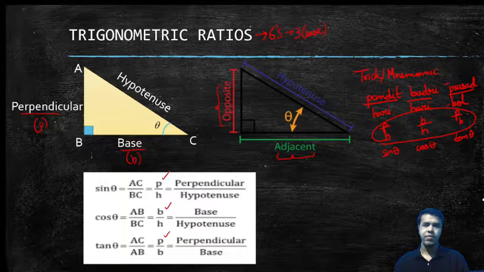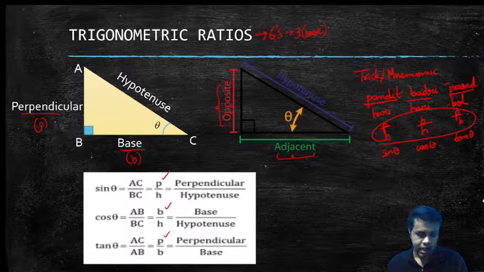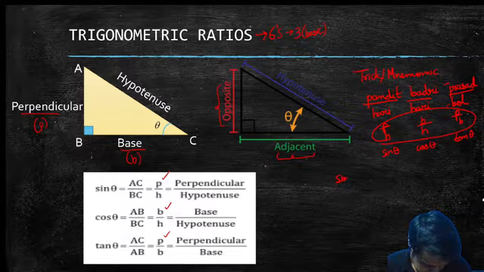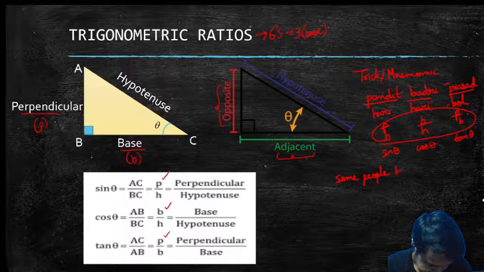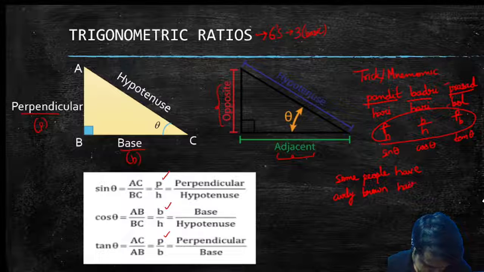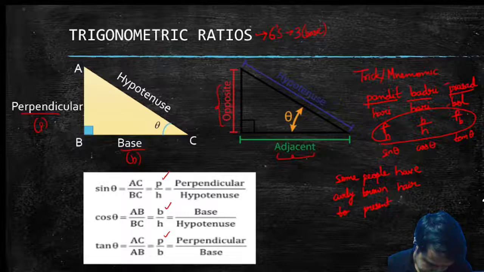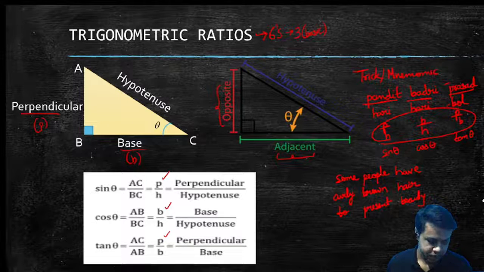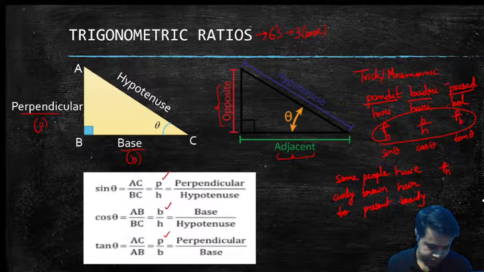And if you are not familiar with Hindi, then you can use the English mnemonic, which goes like this: Some people have curly brown hair to produce beauty. We arrive at the same formulas if we look at the first letter of each word.